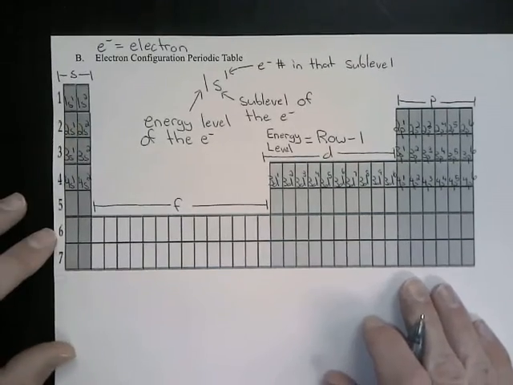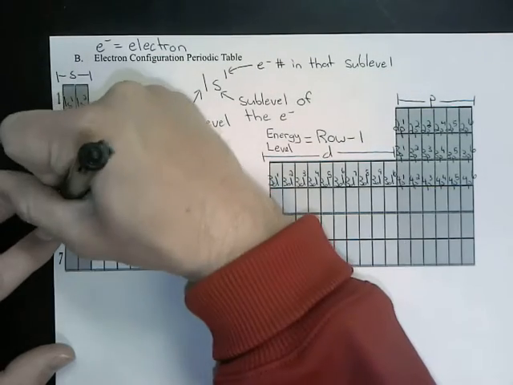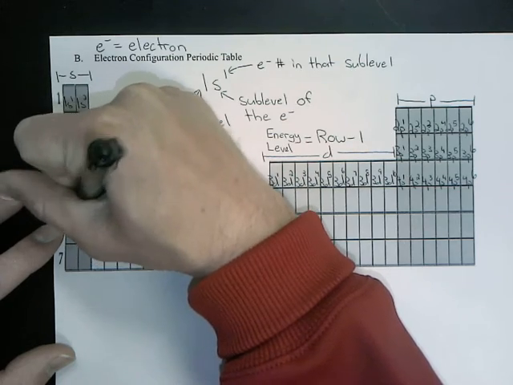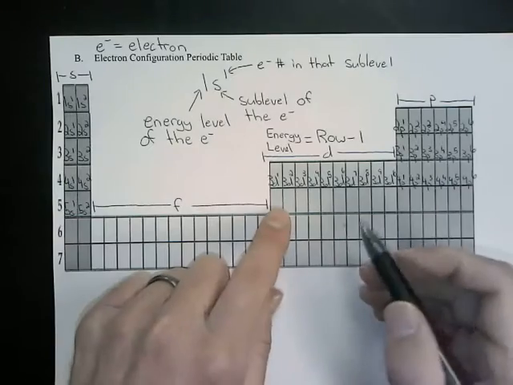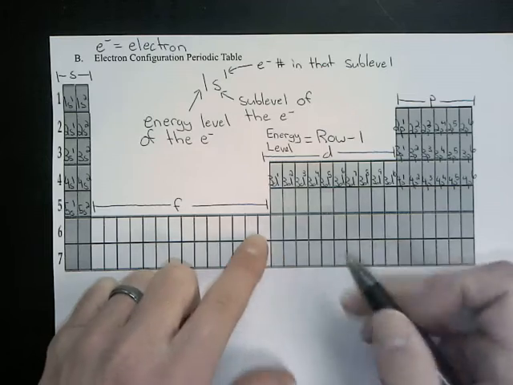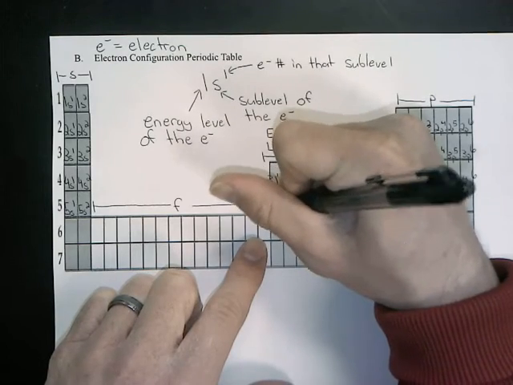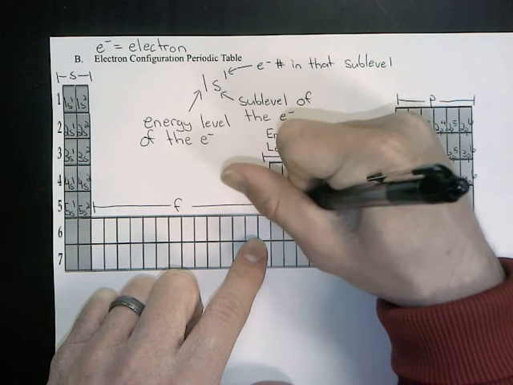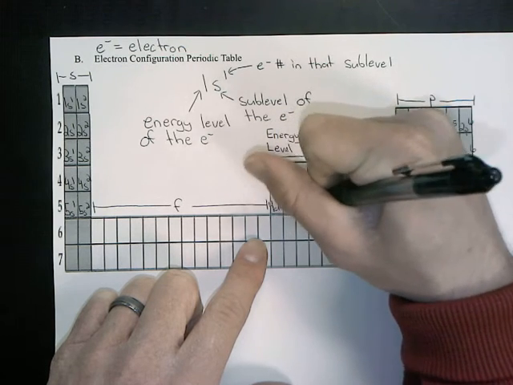Okay, so moving on here to period number 5. Again, fifth energy level, we have 5S1, 5S2. Be careful here getting to the D block. It's row minus 1. So we have not 5, but 4D1 in our first box all the way over to 4D10.